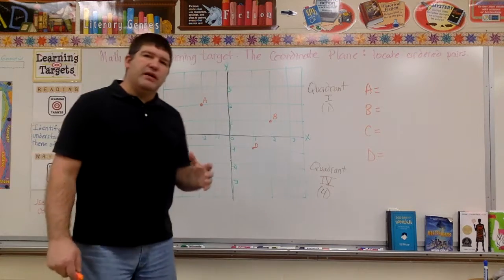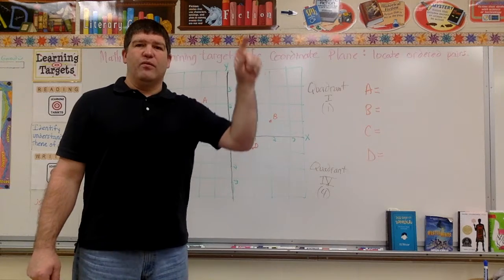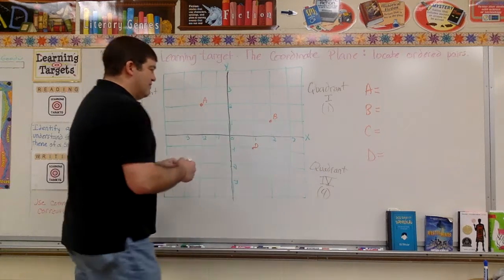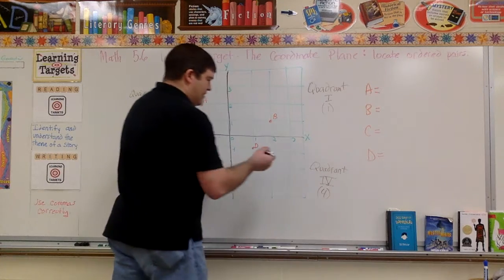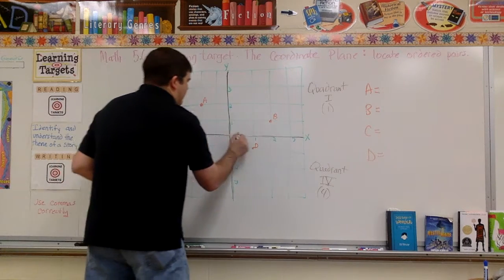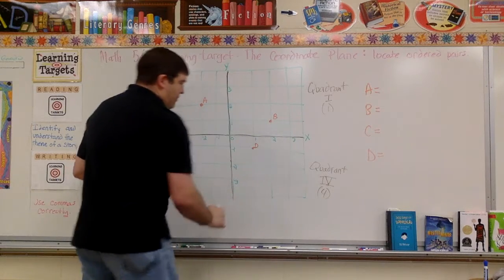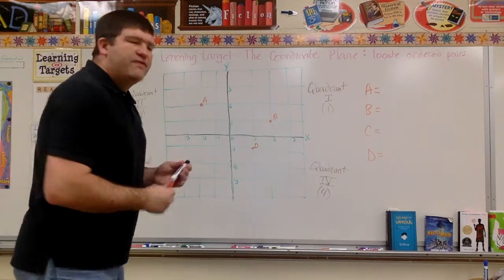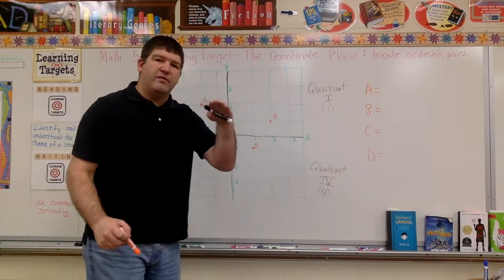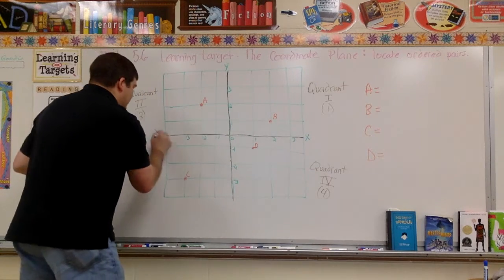And you have two axes. You have an x-axis and a y-axis. So your x-axis is right here, your x, and your y is this way. I always feel like x is the ground. X marks the spot, okay?